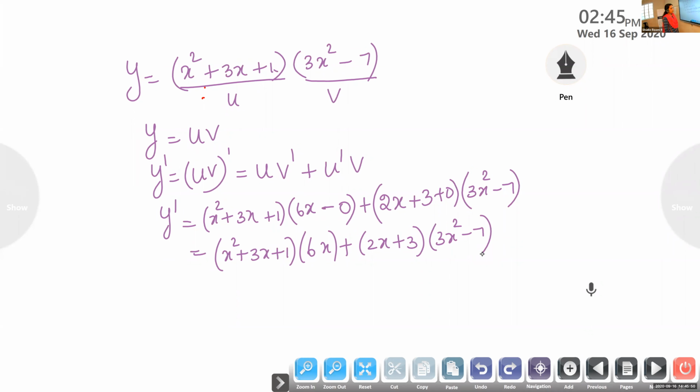If you want, you can open the bracket, simplify and write. When you open the bracket, what you will get? 6x cube plus 18x square plus 6x plus 6x cube minus 14x plus 9x square minus 21.